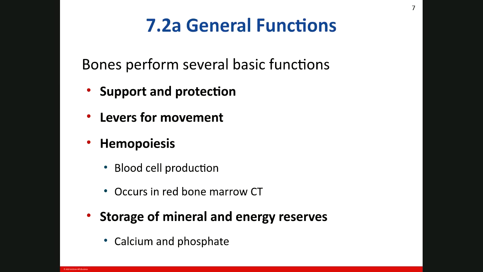What are the general functions of the bone? Our bones have different functions. One of them is support and protection. The bone can provide structural support and serve as a framework for the entire body. Bones also protect many delicate tissues and organs from injury and trauma.